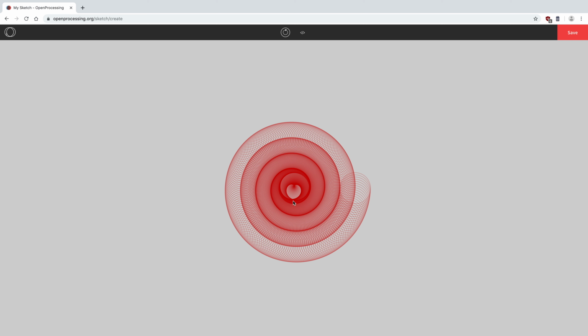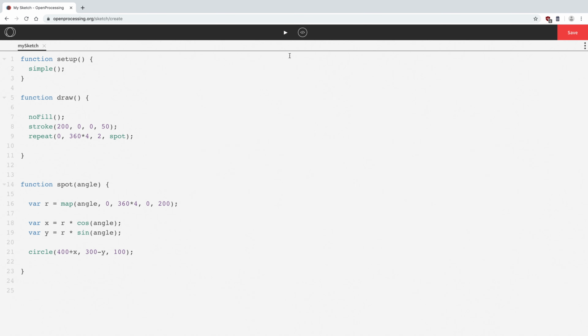What I'm going to do is, because there's a lot of density in the middle, I'm going to see if I can start the distance not at the center but pushed out a bit. So I'm going to give that distance a minimum size. So the way I'm going to do that is simply to say, I don't know, add 100 to the radius. Just see what that does.